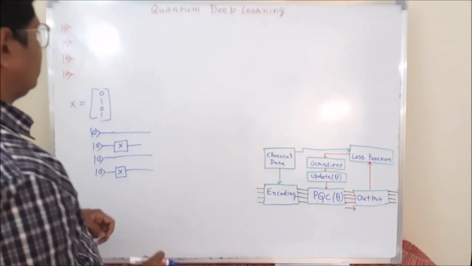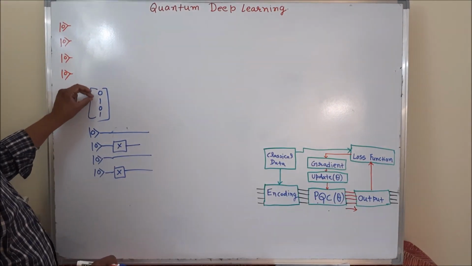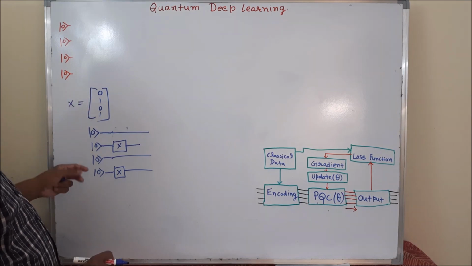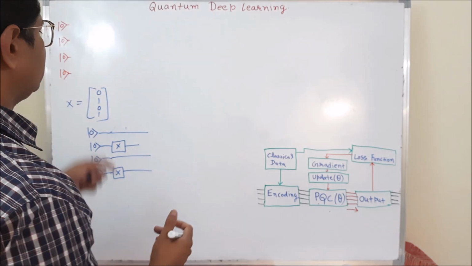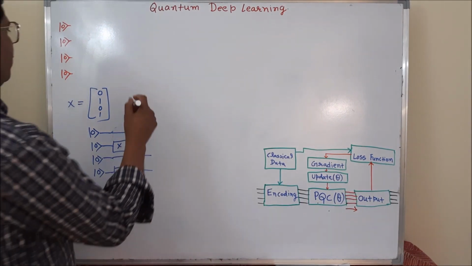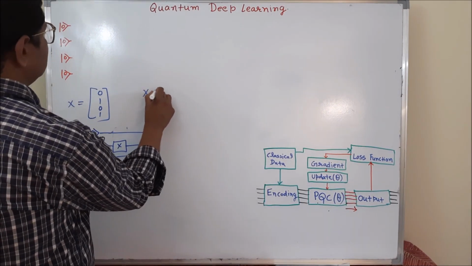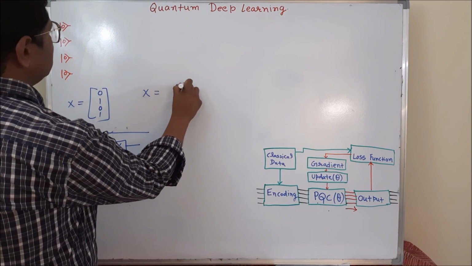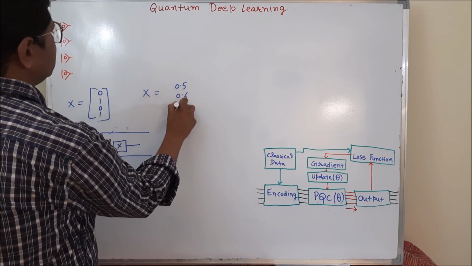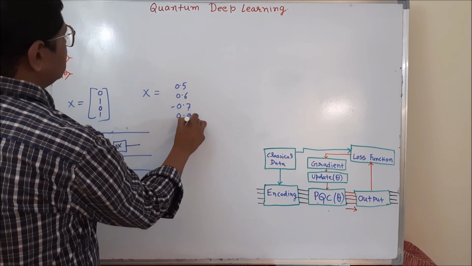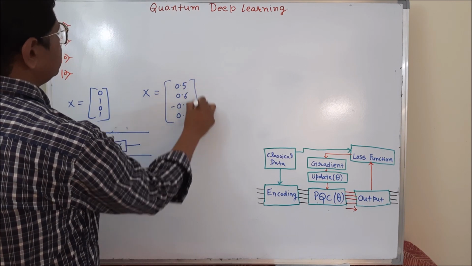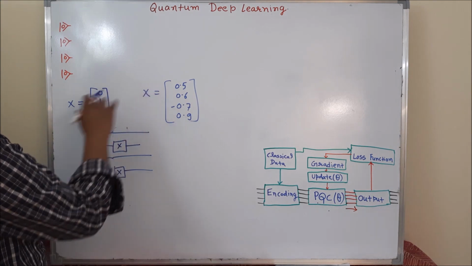But you will say that such binary numbers or bits we can get in very few data types, like image data or some such things. But generally we get the data like this: x equals 0.5, x equals 0.6, x equals minus 0.7, x equals 0.9. Then how will your system work?